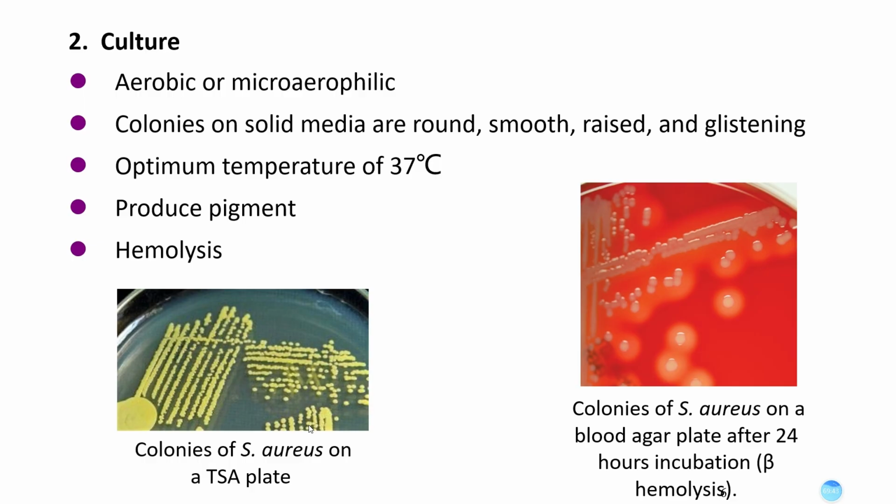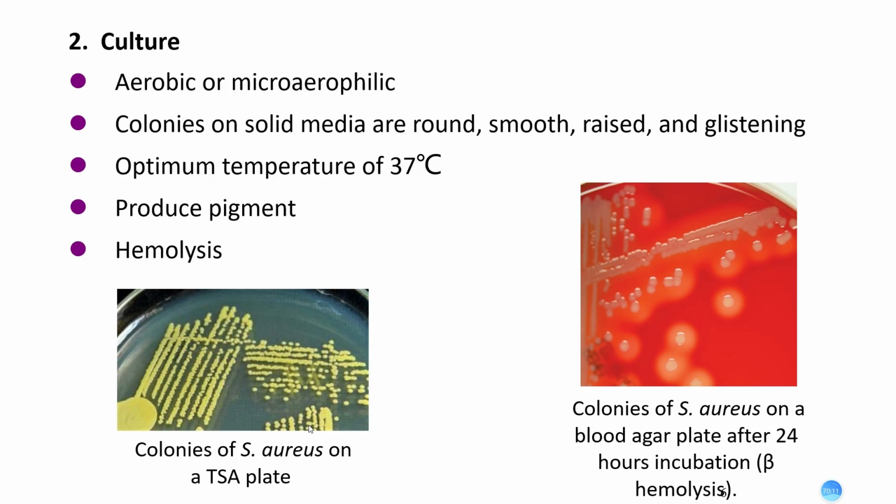So they can survive at normal concentration of oxygen or low level of oxygen. And the colonies on the solid agar, solid medium, you can see that they are round and they are smooth. And they raise from the surface, like a dome.